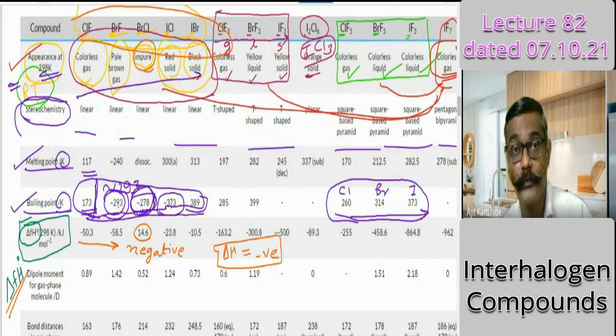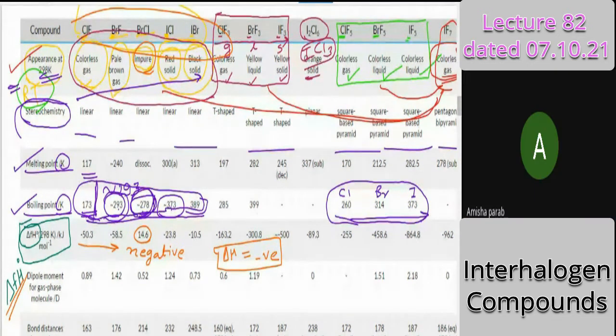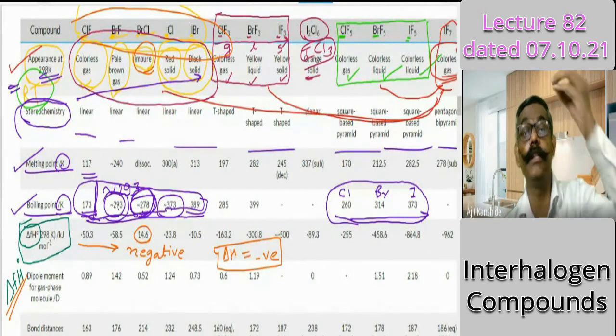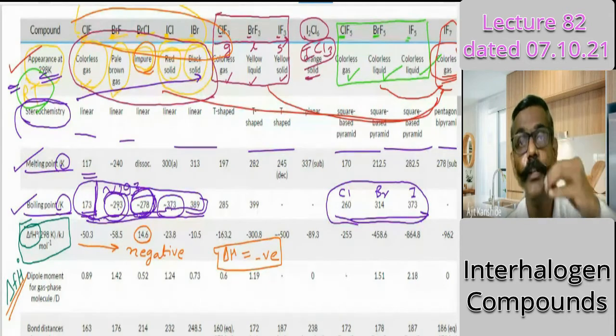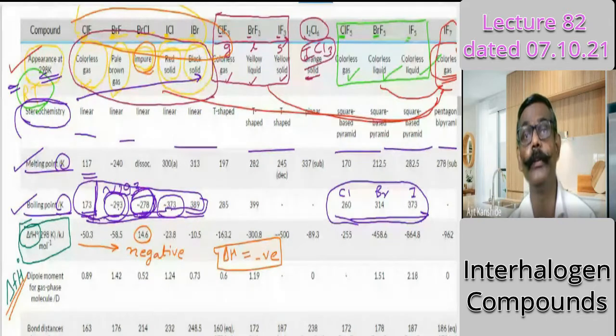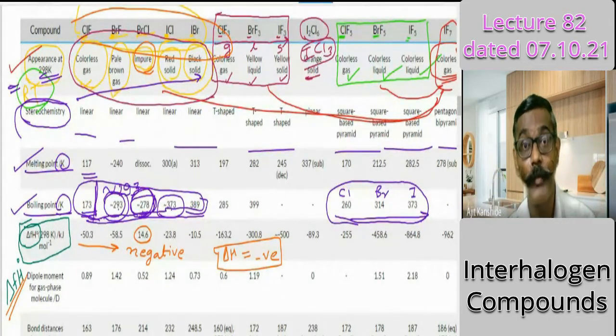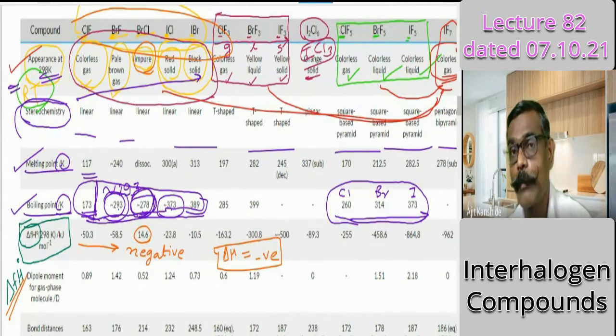What does it mean? Enthalpy change is negative. What is the meaning of that? That is an exothermic reaction, meaning energy is liberated during formation of the molecule, during establishment of bonds. Now answer my question.